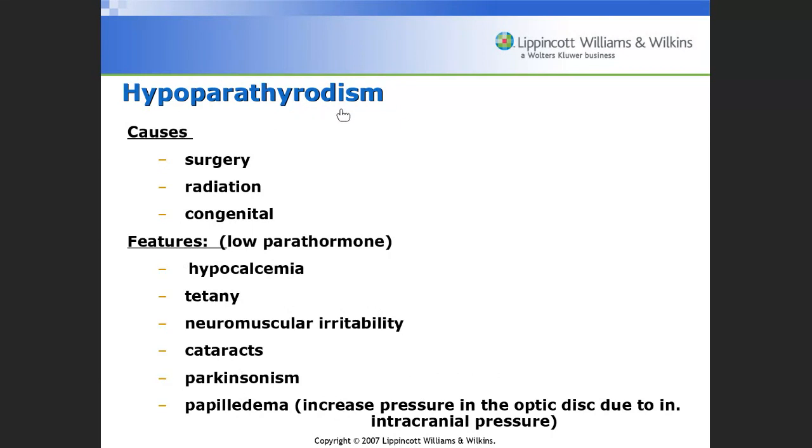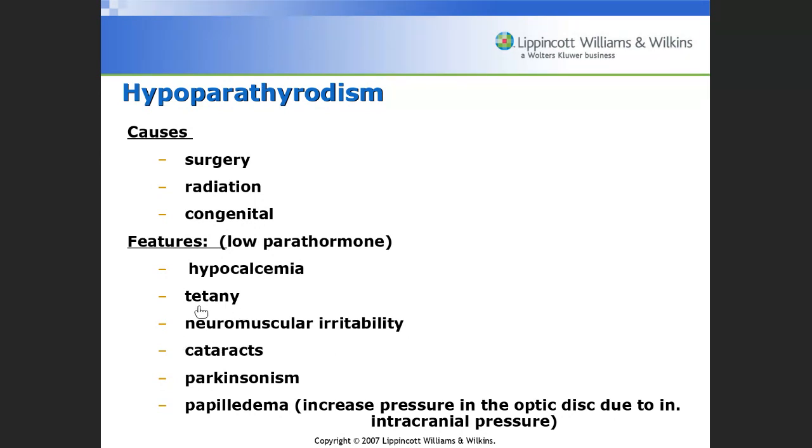Other causes of, on the other hand, hypoparathyroidism is the opposite of that. Again, radiation and surgery, iatrogenic. Some people are born with low levels, congenital. May be related to Parkinsonism, people who have low dopamine release from the basal ganglia, if you will.